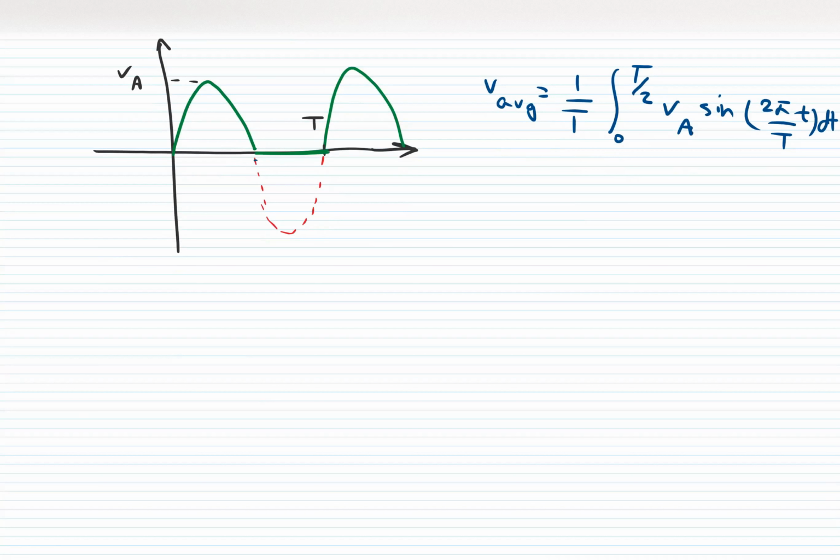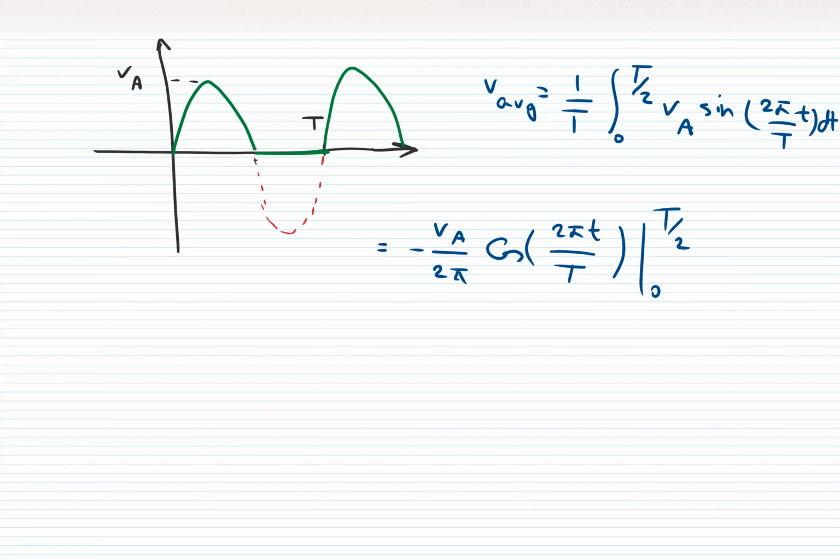It's equal to negative VA over 2 pi cosine of 2 pi t over T from 0 to T over 2.